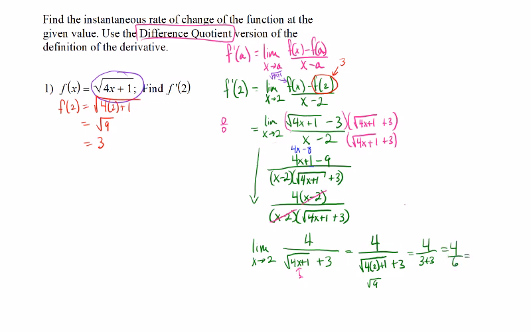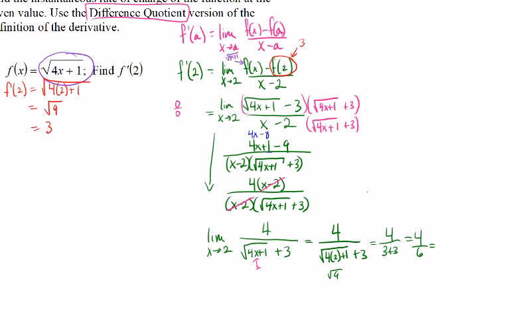And then don't forget to reduce if you can. In this case, that'll reduce to 2/3. Okay, so that's our answer. That's what we just found: f prime at 2. And so that's our final answer.